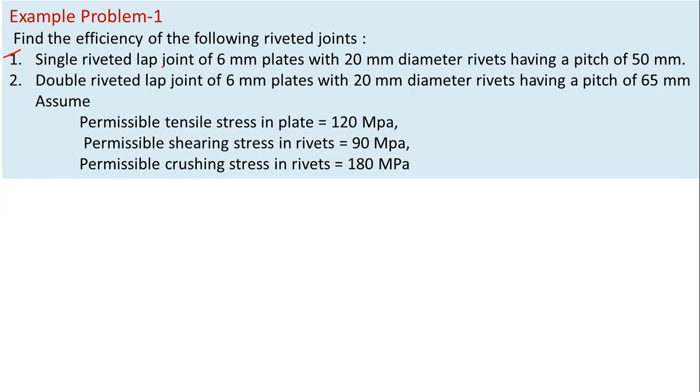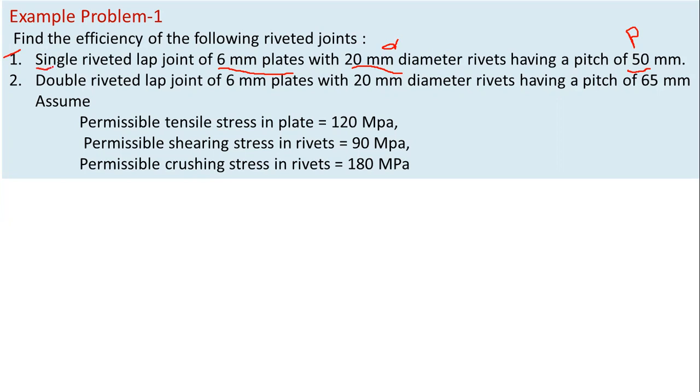For the first problem, you have to consider 6 mm thickness plate and 20 mm diameter of the rivet. Rivets having a pitch of 50 mm. Here pitch P equals 50 mm for the first problem, diameter of the rivet is 20 mm, thickness of the plates equals 6 mm.